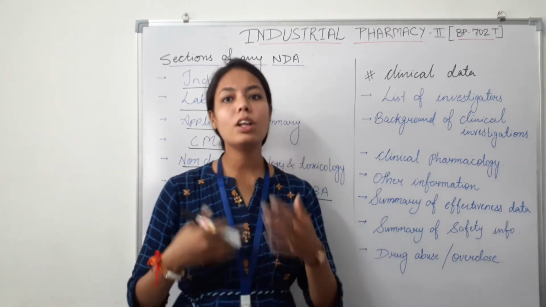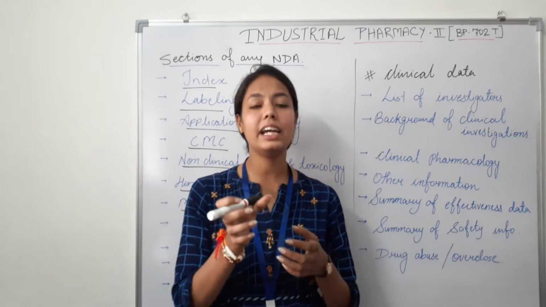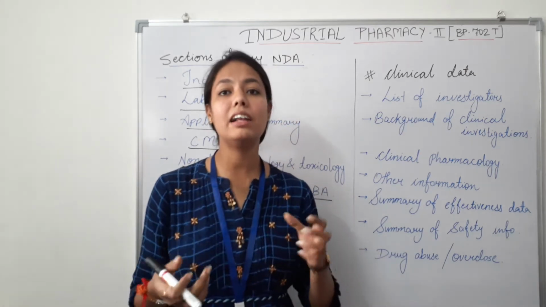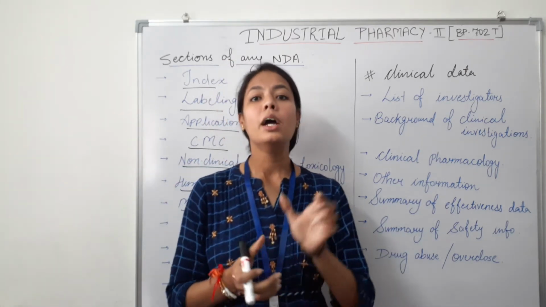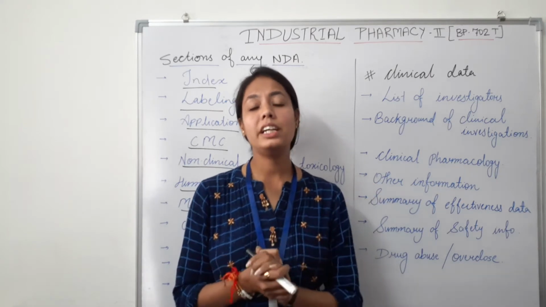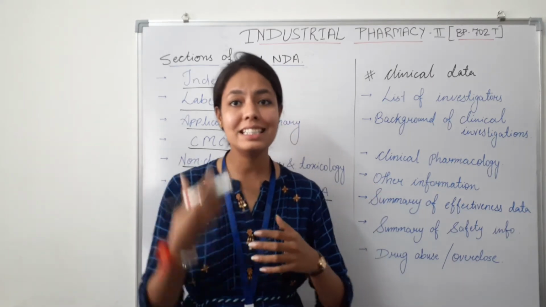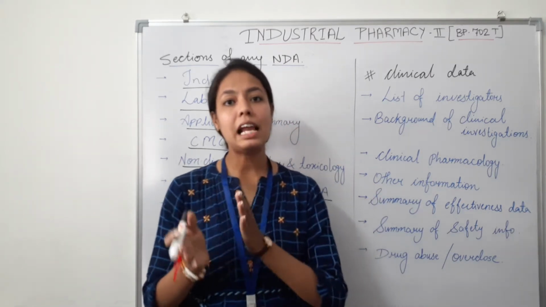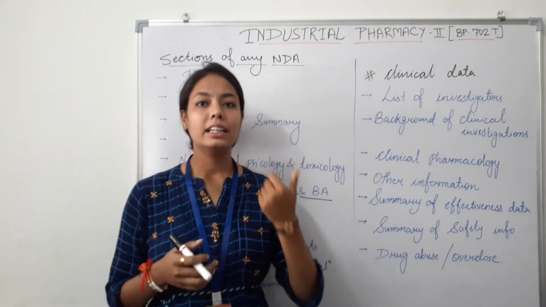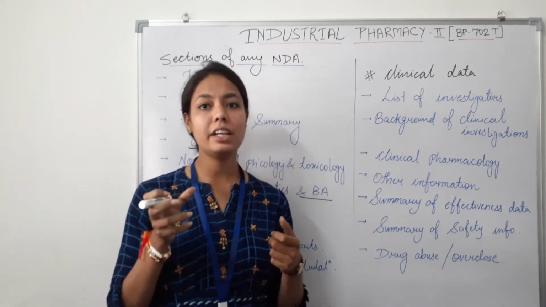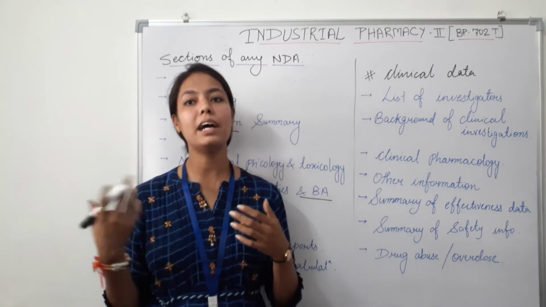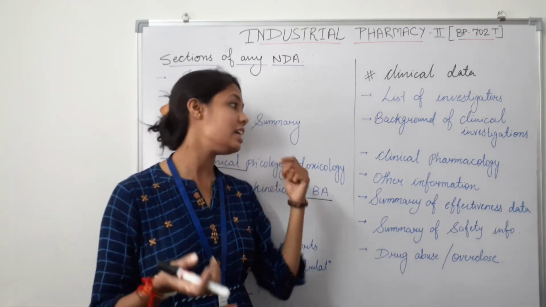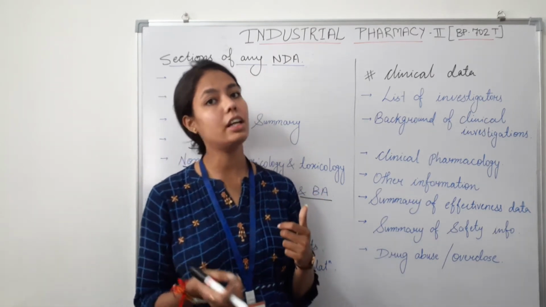So the reason for the selection of a particular group, suppose in a clinical trial we specifically select male healthy human volunteers, the criteria for the gender specificity shall be addressed, along with a discussion on the safety related issues raised by other drugs from the same pharmacological class of the drug.